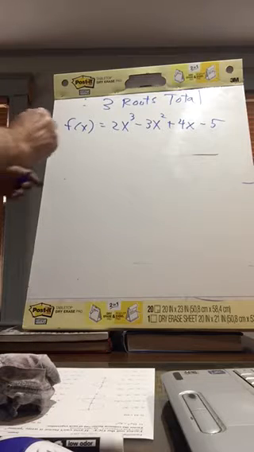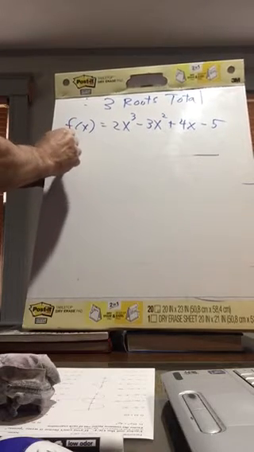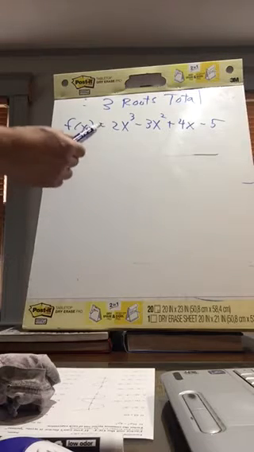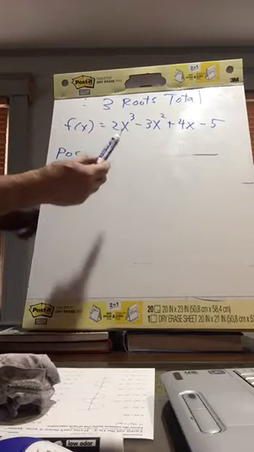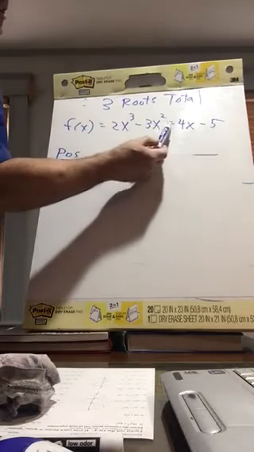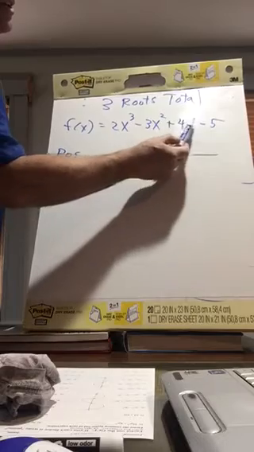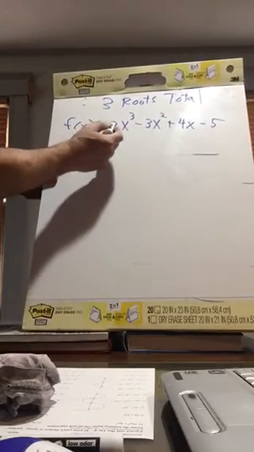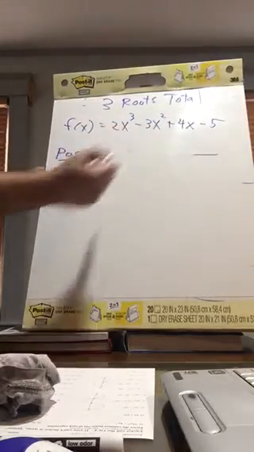Here's how I find out positive. It's the number of times the coefficient sign changes. It starts positive, goes to negative, that's 1 change. Goes back to positive, that's 2 changes. Goes back to negative, that's 3 changes. So it has 3.